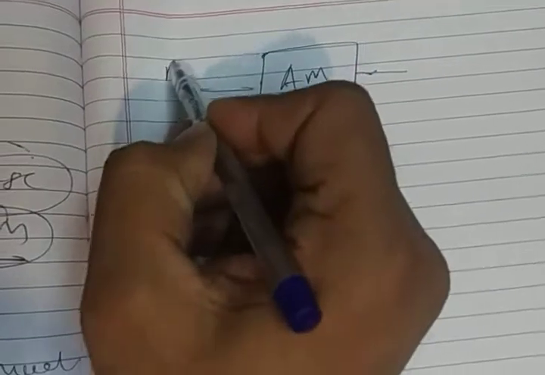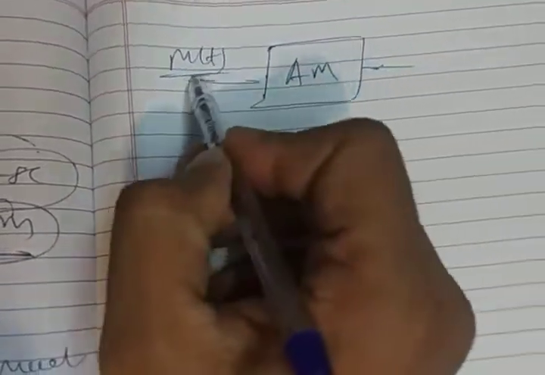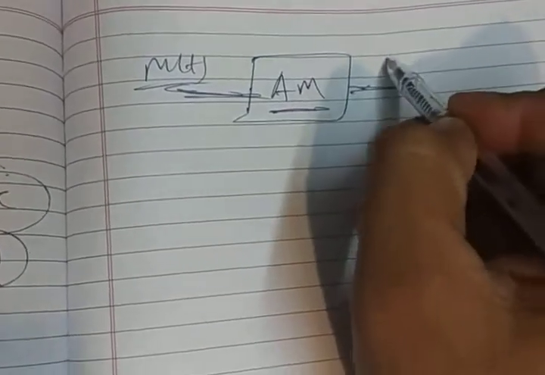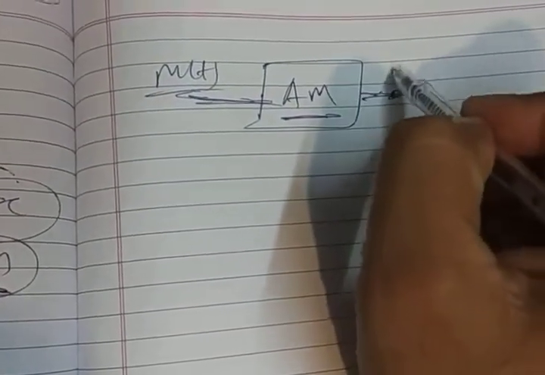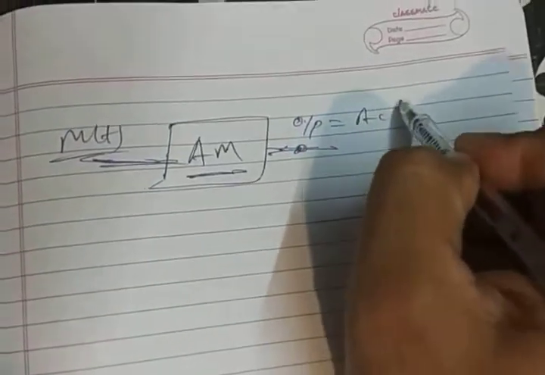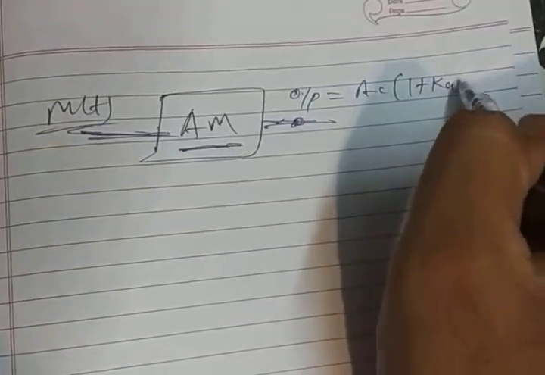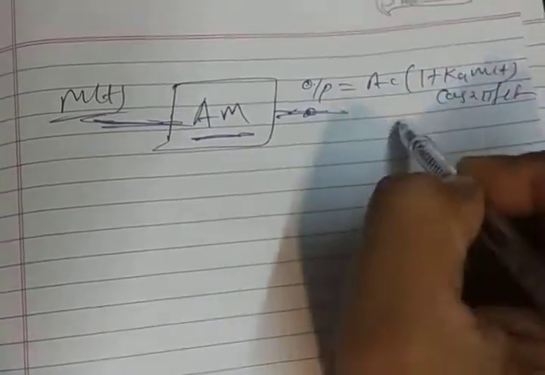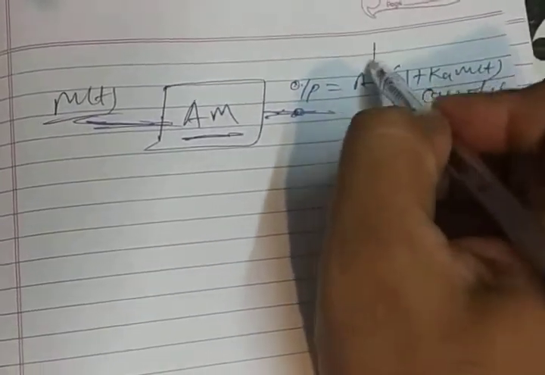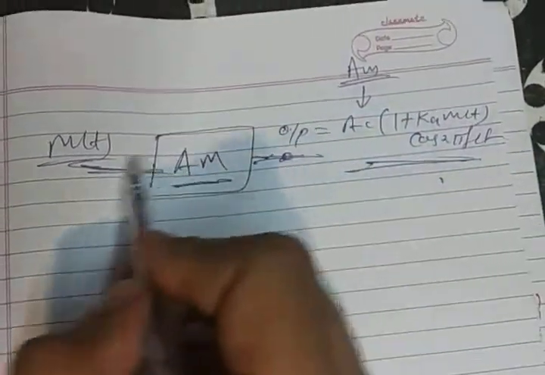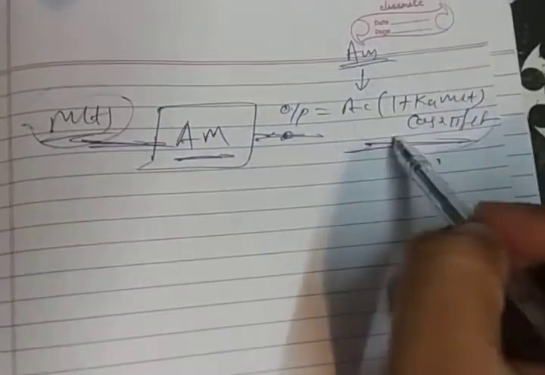So m of t, the message signal, whenever the message signal passes through the amplitude modulator, then the output of the amplitude modulator is what? Ac [1 plus Ka m of t] into cos 2 pi fct. This is AM signal, amplitude modulated signal. So m of t is converted into AM signal.